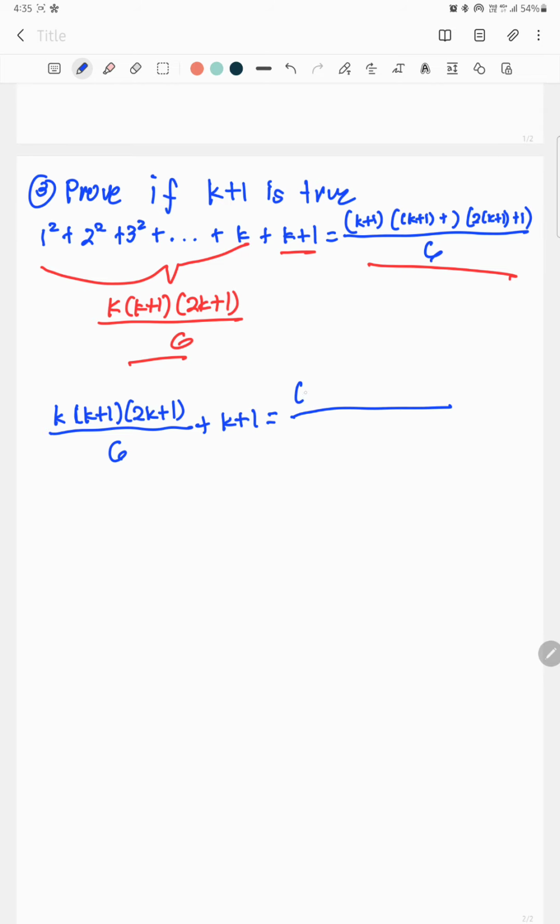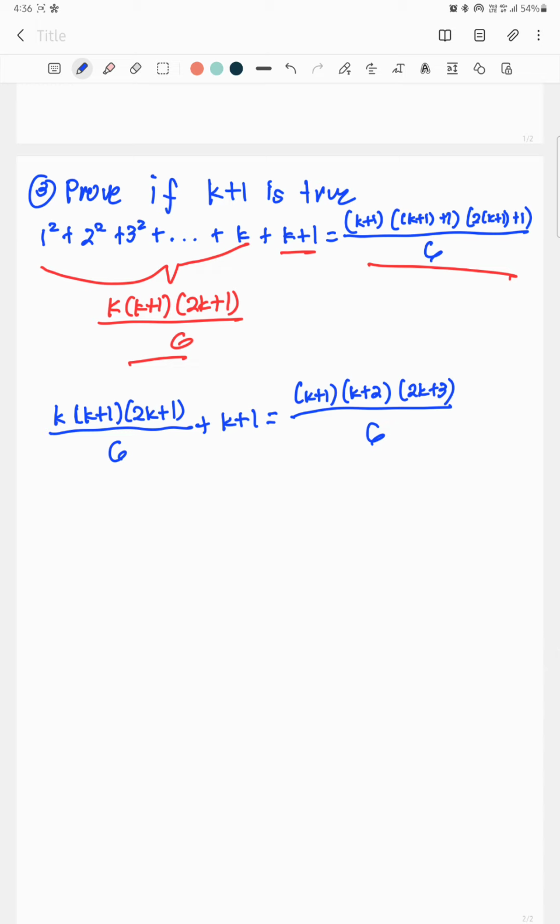So we have now k plus 1, then k plus 2, and then 2k, 2 times 1, that's 2, plus 1, that will be plus 3, all over 6. Now let's solve this. Make sure that the left hand side and the right hand side are equal so that we could prove that k plus 1 is true.